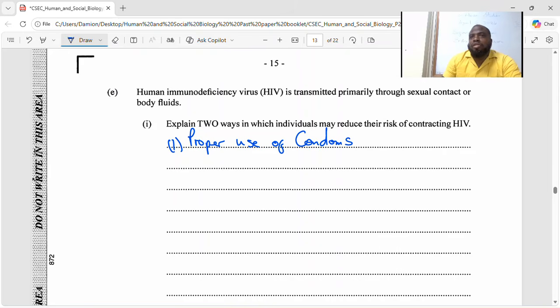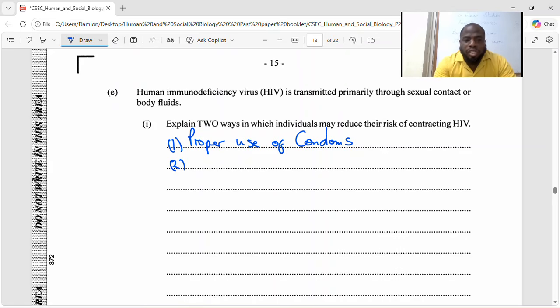So these need to be put on properly. Sometimes it's not just the use of them, but the proper use of these items would have been very important. Not sharing needles.